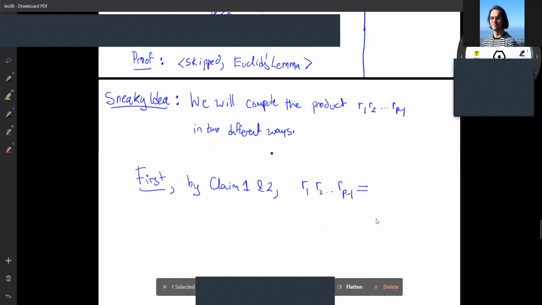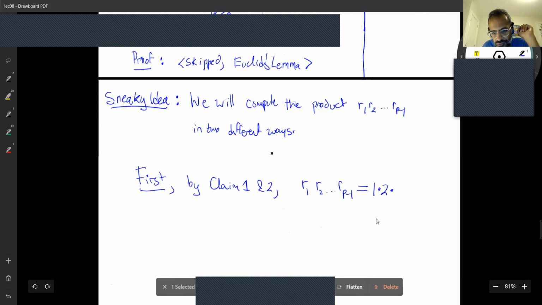The order doesn't matter. So I get 1 times 2 times 3 all the way to p minus 1, which is p minus 1 factorial. So in particular, this product is congruent to p minus 1 factorial modulo p.